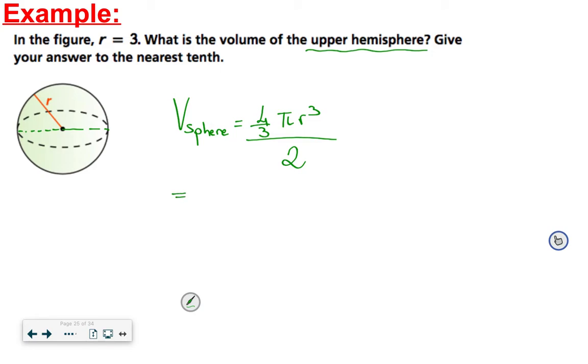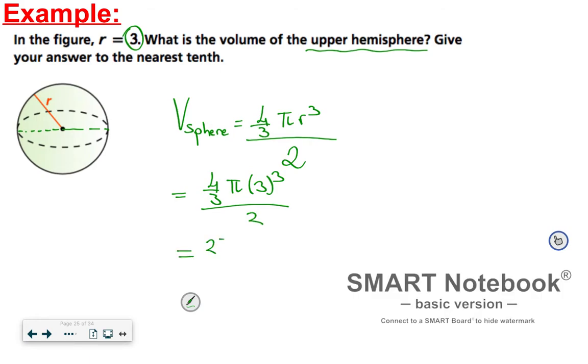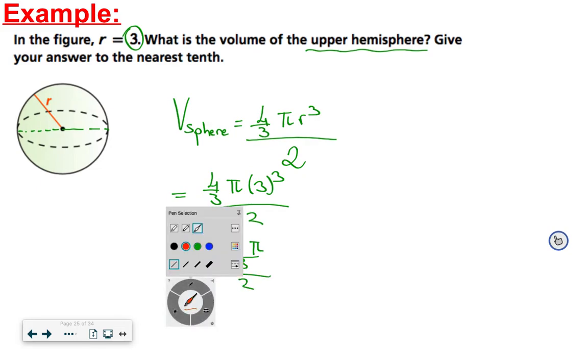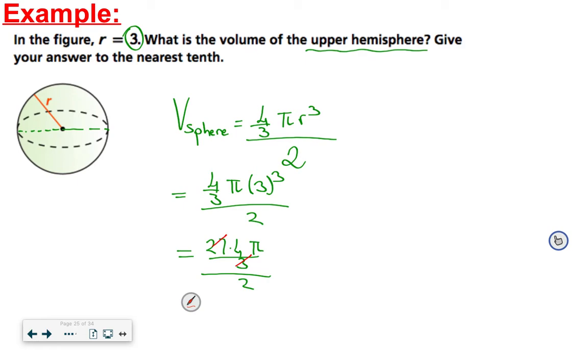Now, let's substitute. 4 over 3 pi, r is 3, which is given, 3 cubed over 2. From here, 27 times 4 pi over 3 over 2. If you simplify 3 and 27, you will get 9 times 4 is 36 pi over 2 will be equal to 18 pi is your answer.